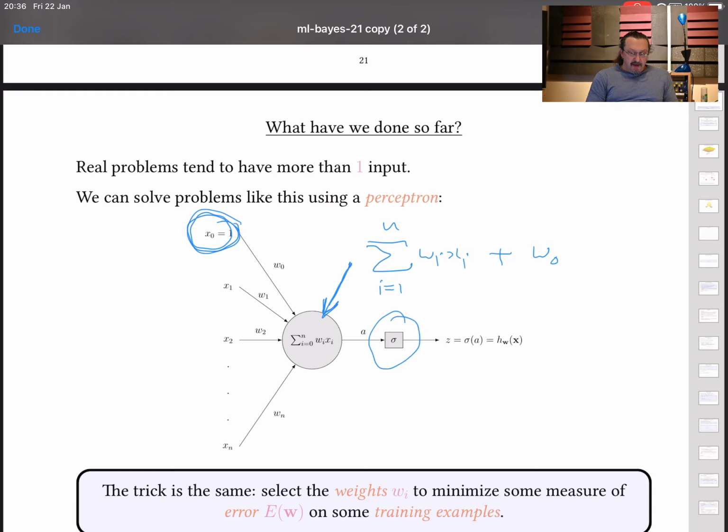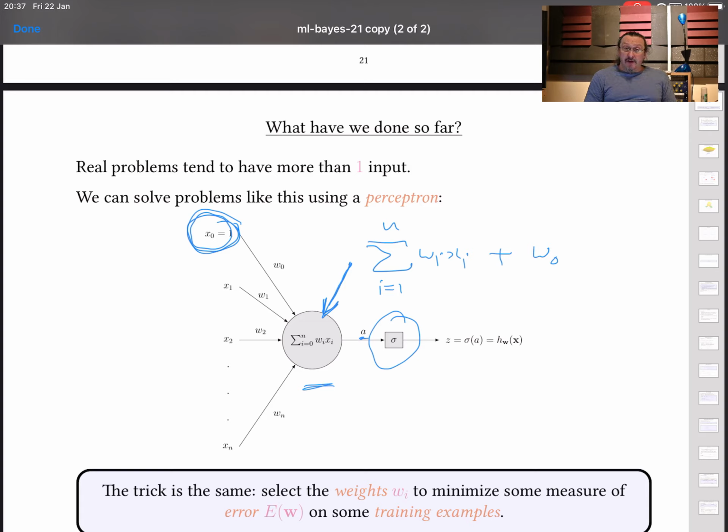What comes out of the linear part is A, the activation, and we can put a nonlinearity on the output of this thing in order to make it into a classifier, or to give it a probabilistic output, or we can have no activation function at all if we're going to do regression.